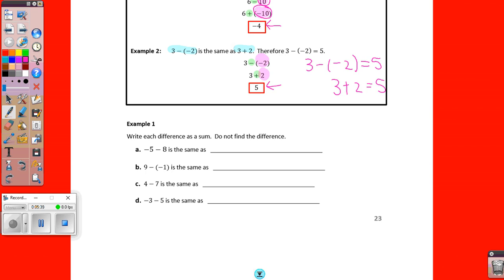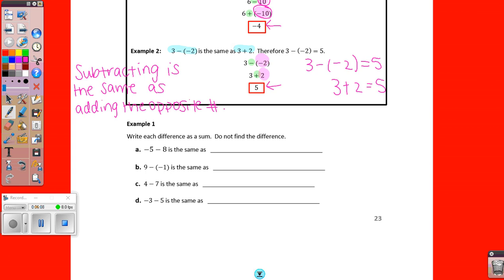All right, so the keywords here are: subtracting is the same, is equivalent, as adding the opposite number. So I rewrote that as a visual while we work on example 1 together.